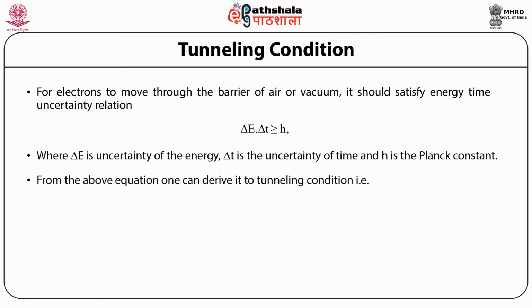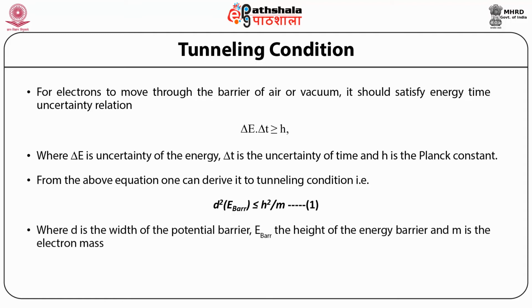From the above equation, one can derive the tunneling condition, that is d squared into E bar is less than or equal to h squared divided by m. This is equation 1, where d is the width of the potential barrier, E bar is the height of the energy barrier, and m is the mass of the electron.